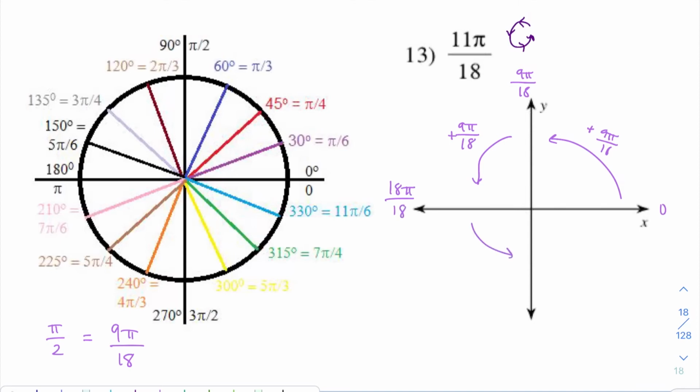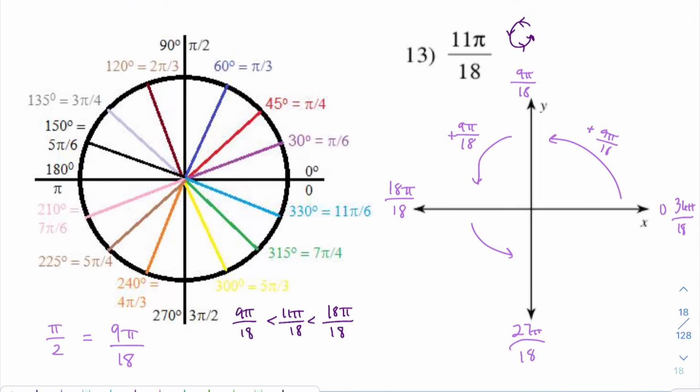We could keep going where I add another 9 and I have 27 pi over 18. Then 36 pi over 18, but really we only needed to go halfway because we can see that, okay, 11 pi over 18 is less than 18 pi over 18, but it is greater than 9 pi over 18.